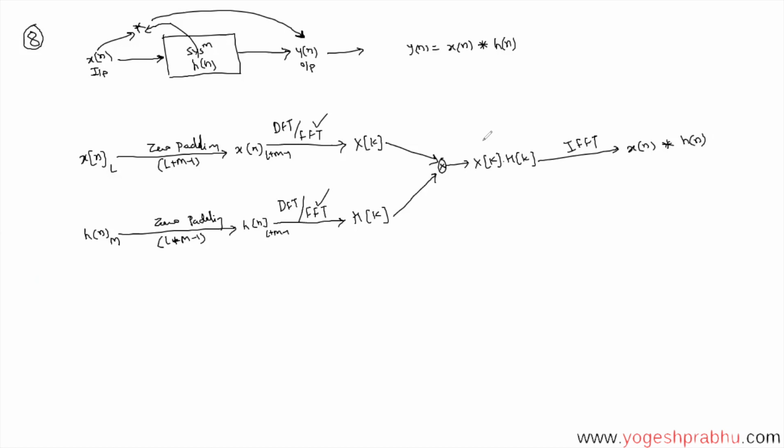I hope you know this is the property of transforms. But the point you have to understand is that when you're doing DFTs and FFTs, it corresponds to a circular convolution, as I told you in the previous discussion. But in our case, this will be exactly equal to x of n linear convolution with h of n, because we did this.